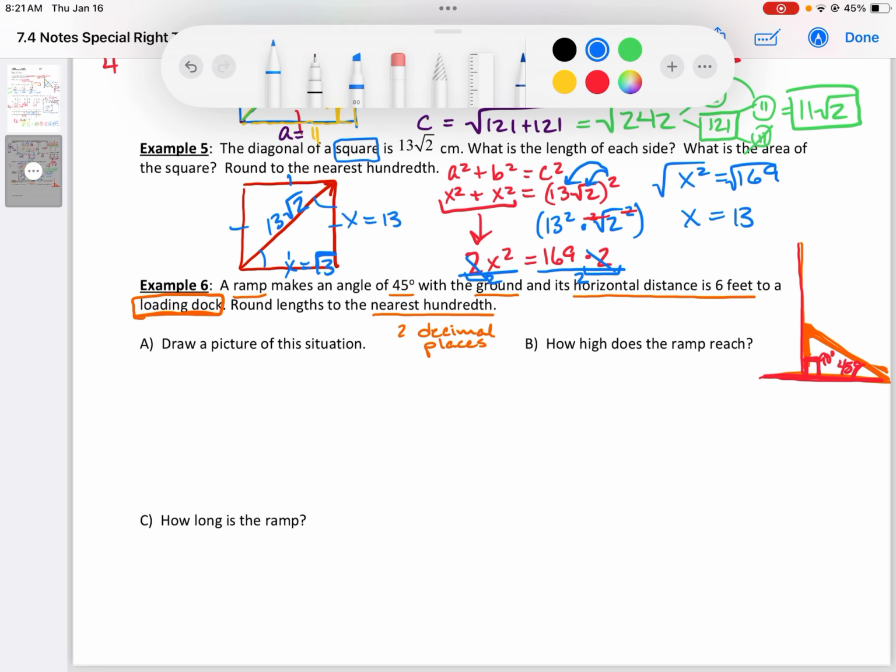And the other key piece of information is that the distance from the dock to the ramp, the horizontal distance, is 6 feet. So, draw a picture of this situation. Done. If I'd have read the question before, I could have drawn it in the correct spot. I'll sketch it again real quick.